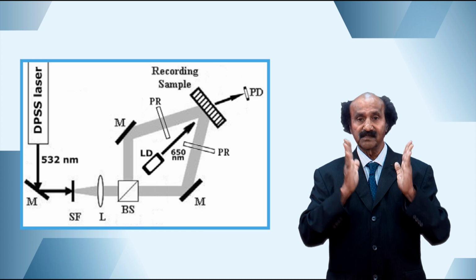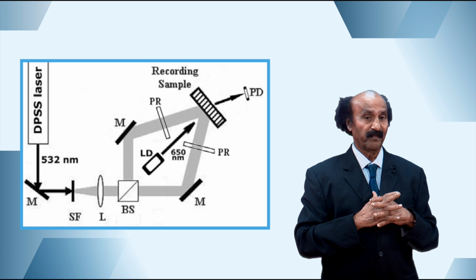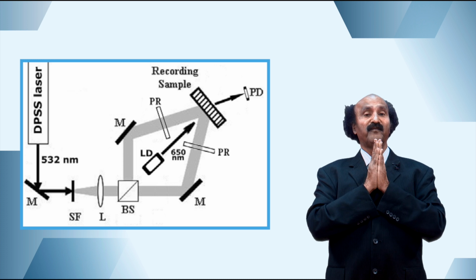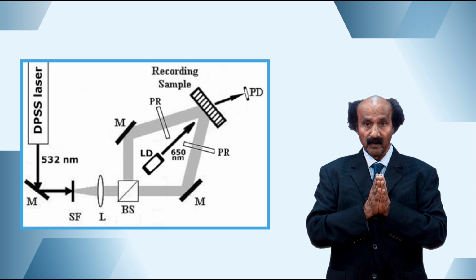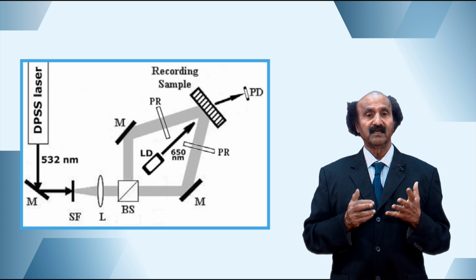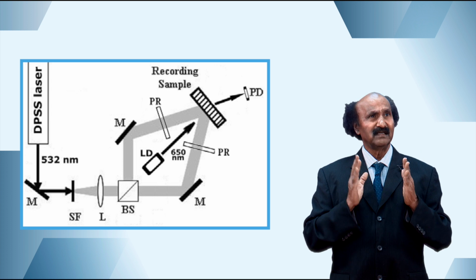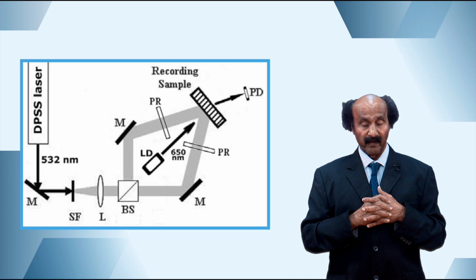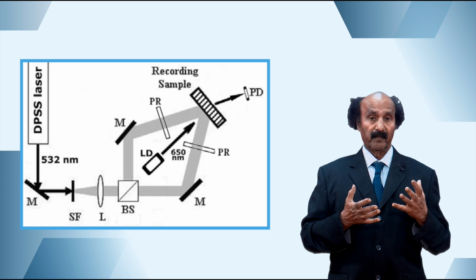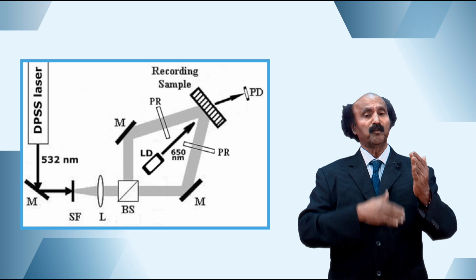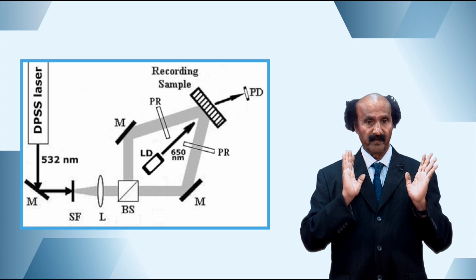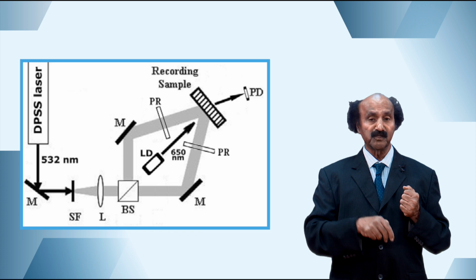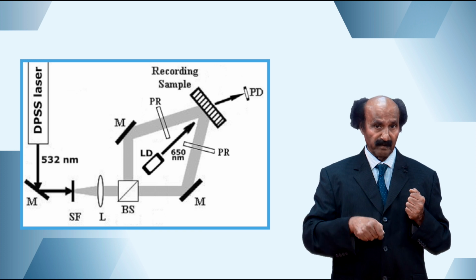Next point, up to this is a very old story. Up to 1960, people were able to make gratings with usually 6,000 lines per centimeter. That is a typical value, 6,000 lines per centimeter. If you are really professional, you can go up to 7,000 or 8,000. Beyond that, it is almost impossible to draw lines using a sharp needle.